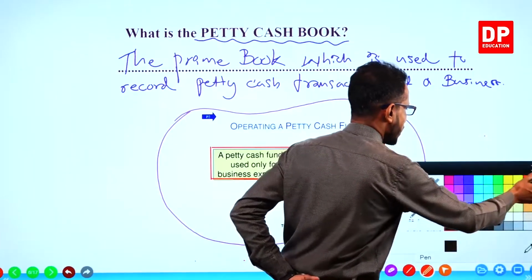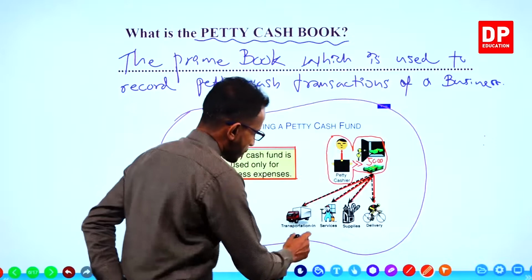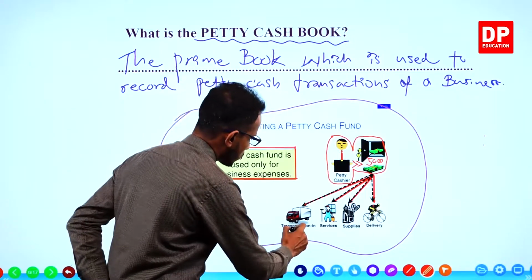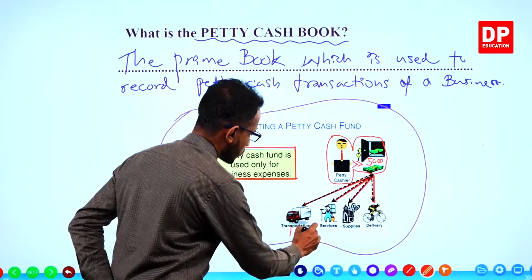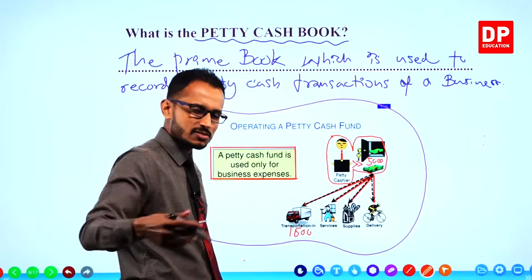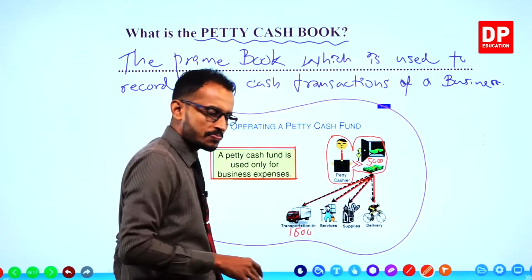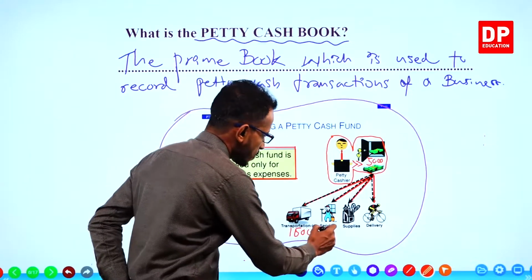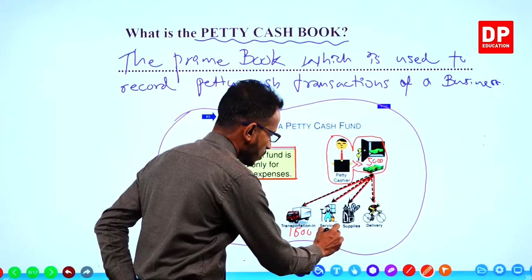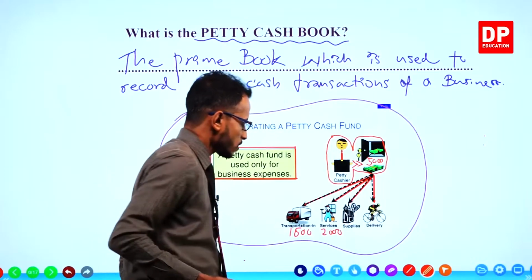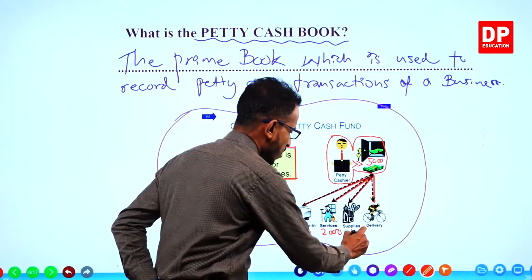Let's say during the month, he spent 1,500 for transportation, and for services to pay laborers and small workmen, he has spent 2,000.